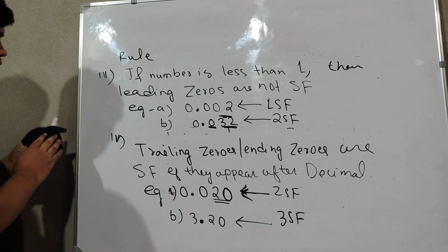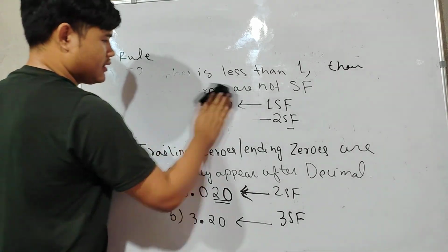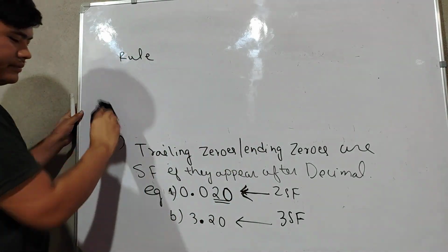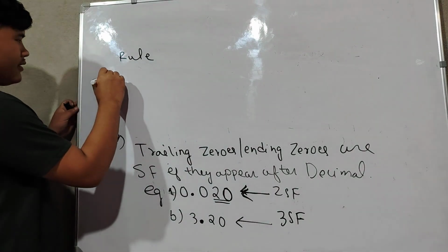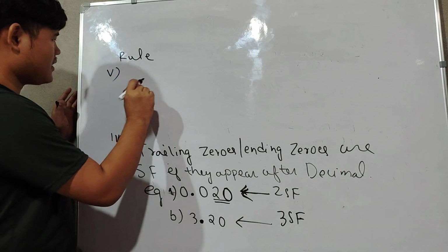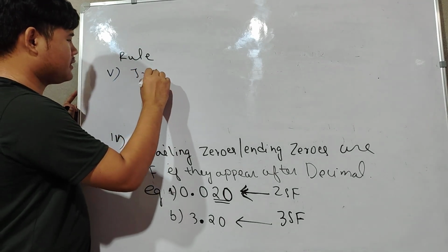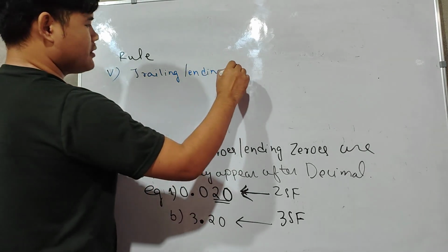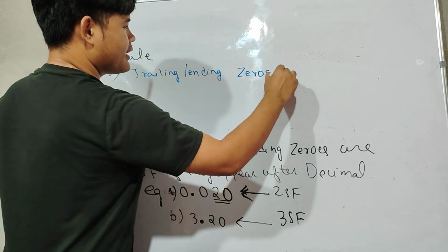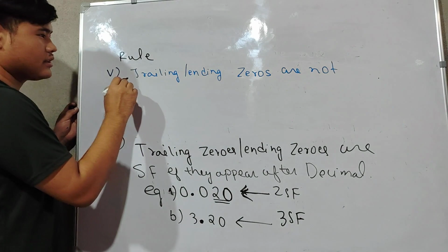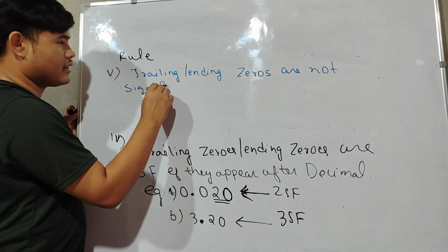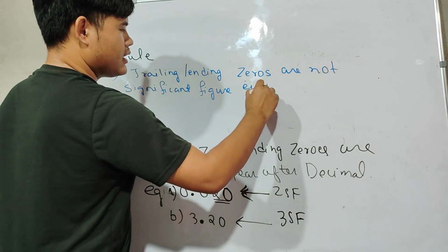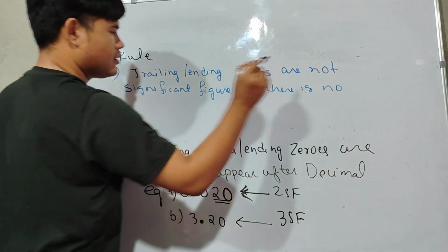Next rule, the 5th rule. Trailing or ending zeros are not significant figures if there is no decimal.